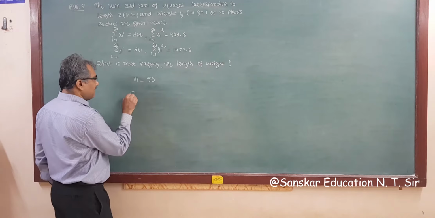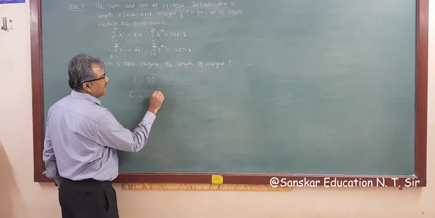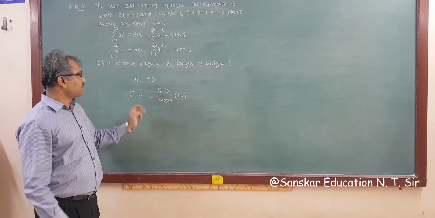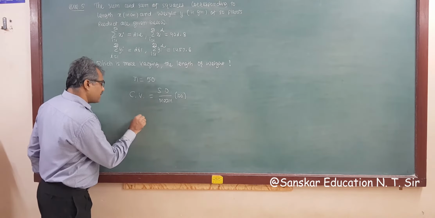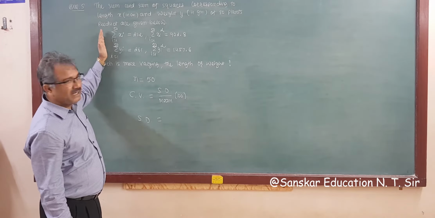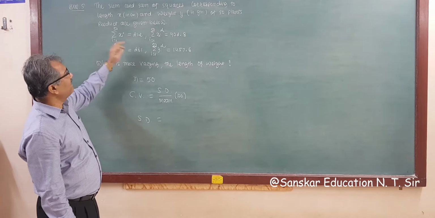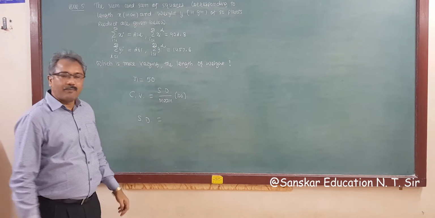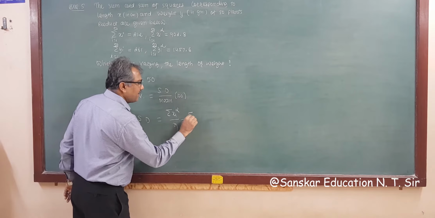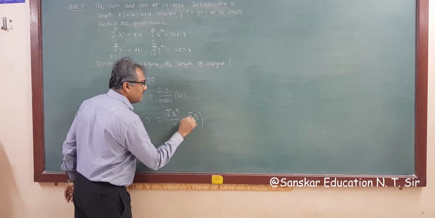The CV formula is CV equal to standard deviation upon mean into 100. And for CV we need standard deviation. This is the way to solve the examples. The formula for standard deviation, according to the given data, is the square root of sigma xi square upon n minus sigma xi upon n whole square.